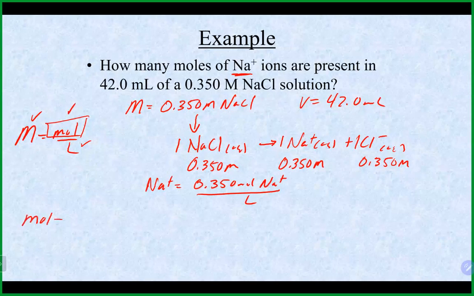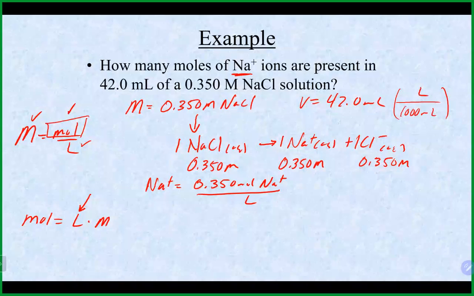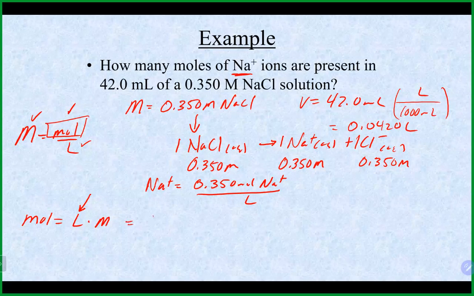Moles will equal liters times molarity. Again, a really important thing, got to have it in liters here. 1,000 milliliters is a liter, going to give us 0.042 liters. So taking this here, 0.042 liters times the molarity of just the sodium ions, 0.5 moles per liter of sodium.